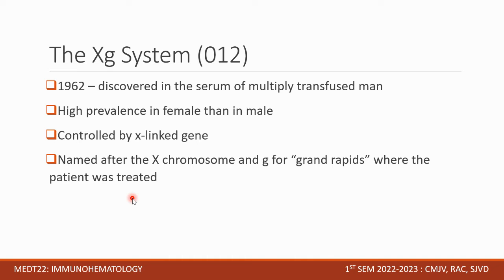Next, we have the Xg system, ISBT number 012. So, in the year 1962, it was discovered in the serum of a multiply transfused man. Okay? So, high prevalence siya in female than in male because it is controlled by the X-linked gene. Okay, so named after the X chromosome and gene naman nakuha for Grand Rapids where the patient was treated. Kaya siya Xg.